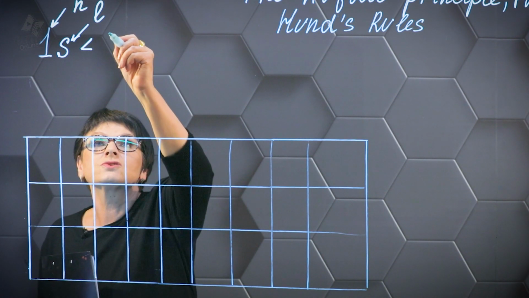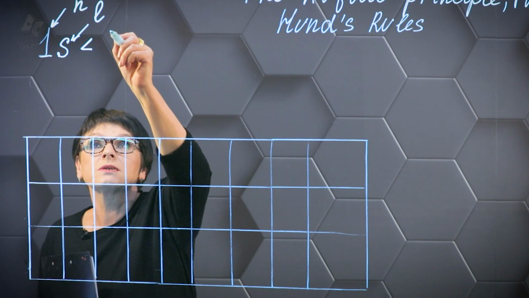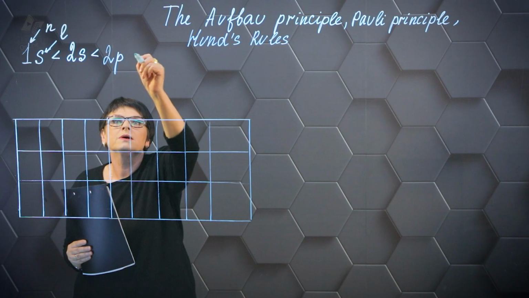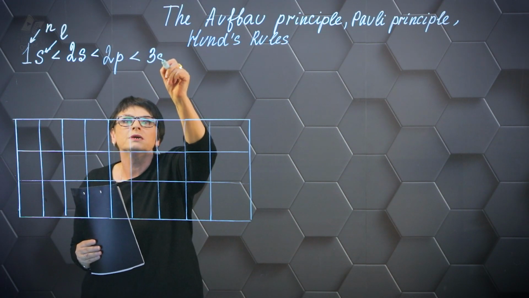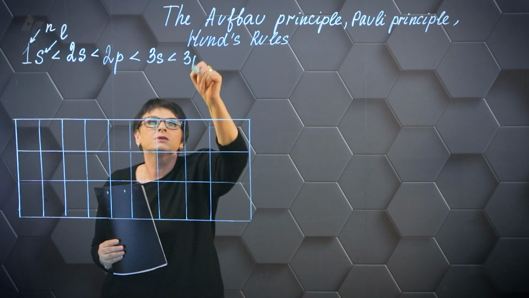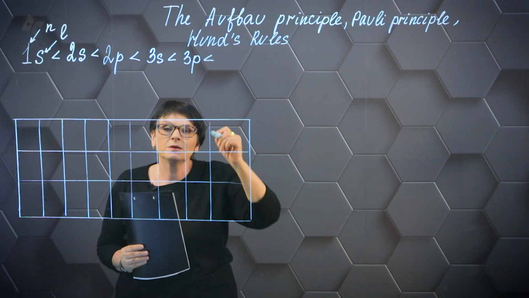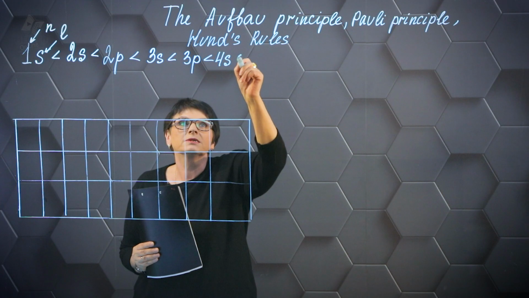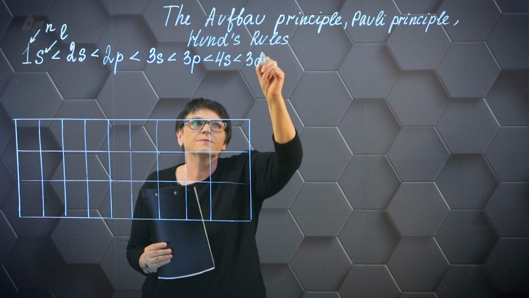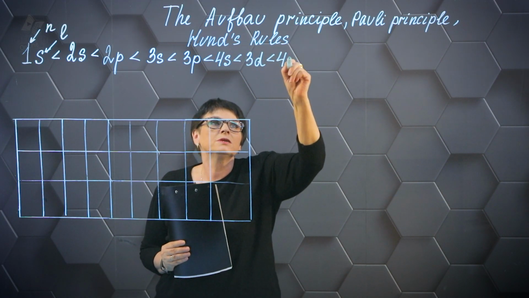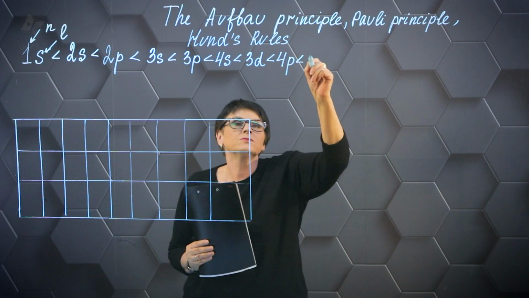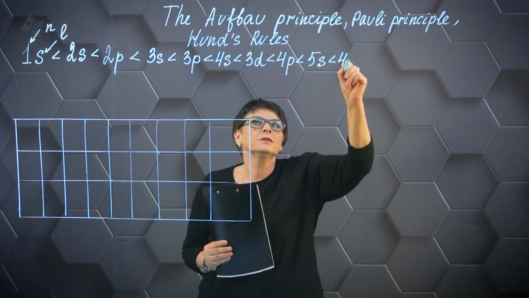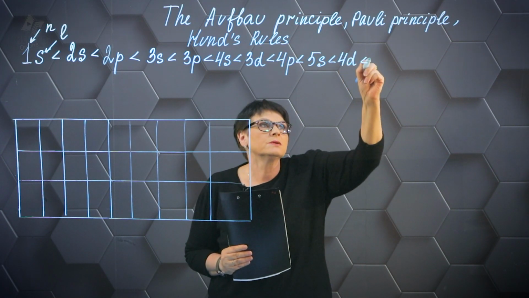So this level is lowest in terms of the energy number. 2S. Then 2P. After 2P comes 3S, followed by 3P. But after 3P, according to the Aufbau principle, it's 4S, followed by 3D, then 4P. The next one goes 5S, then 4D, followed by 5P.